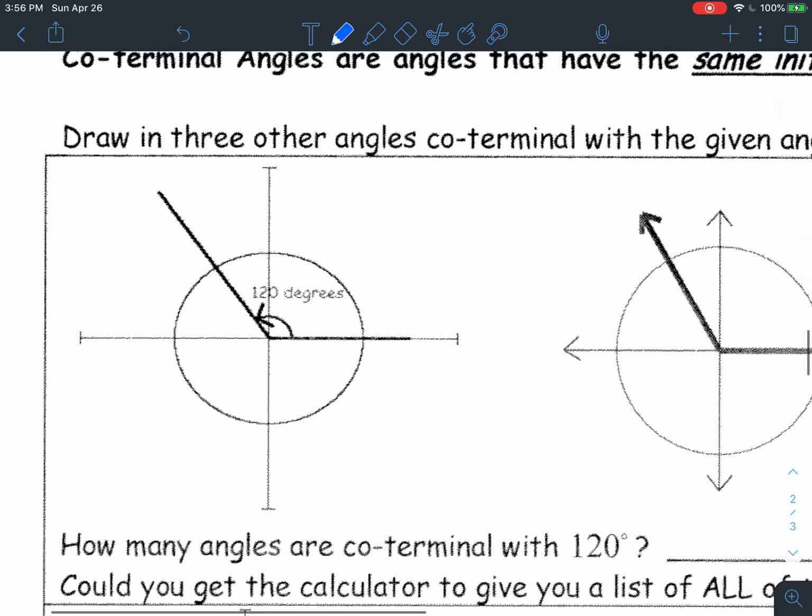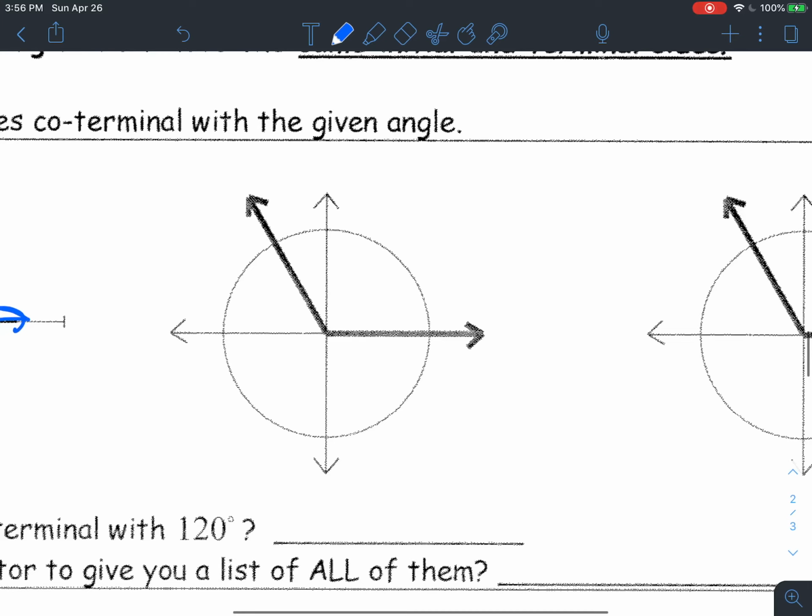So when we have something, here we're starting with 120 degrees. That's this right here. Nice. Those are our initial and our terminal sides. We're just trying to draw in some other coterminal angles for that angle. So one obvious one is that I could go backwards instead.